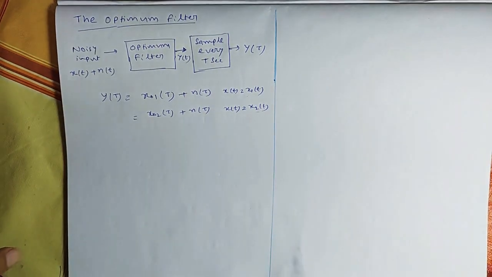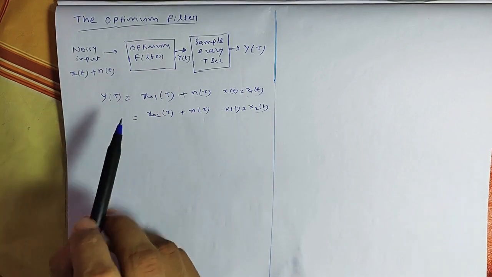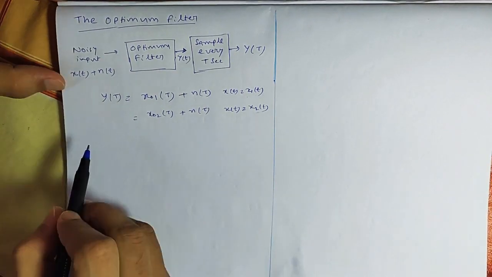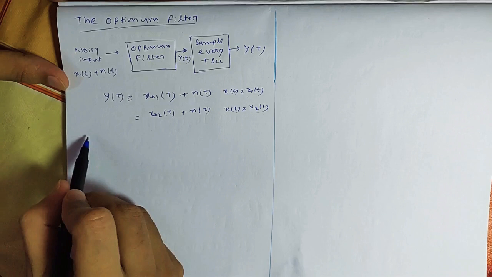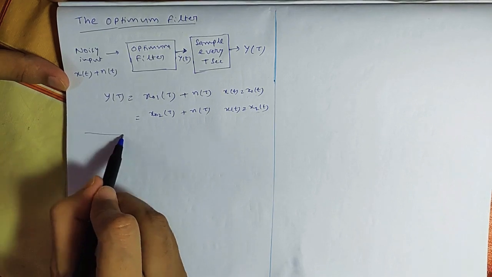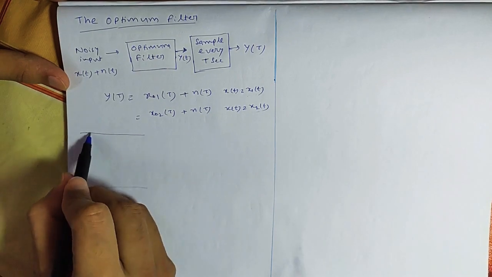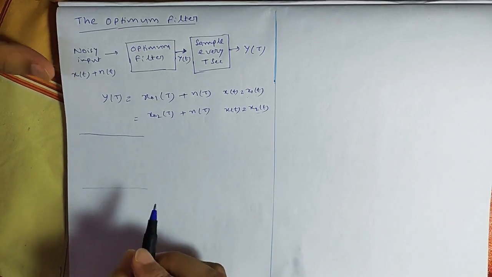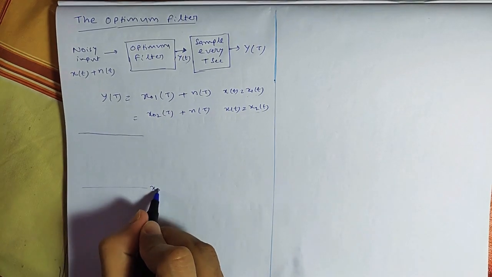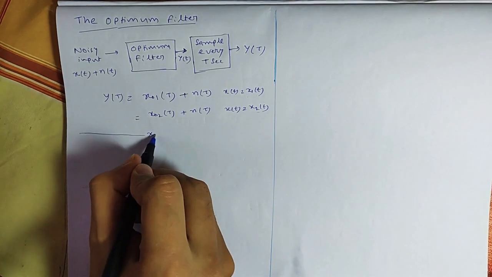Now if we draw these outputs as levels, that level is x02 and that may be x01.